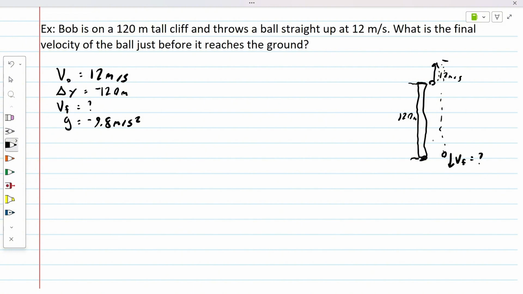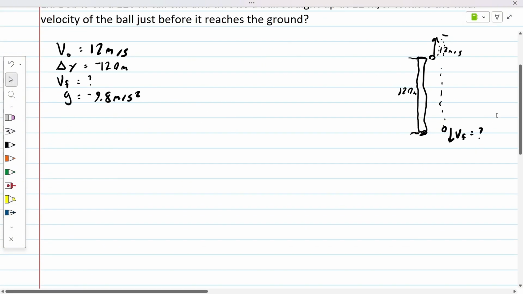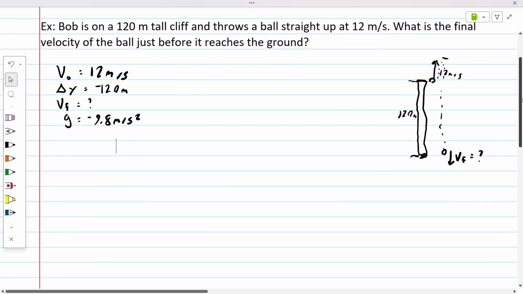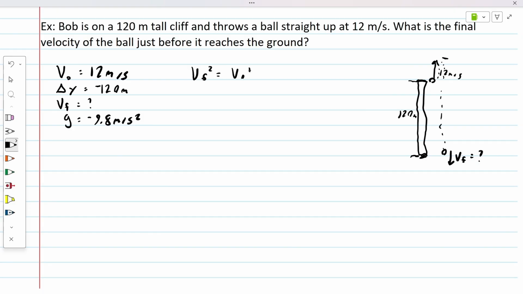We're looking for velocity final, but we don't have time. We're going to use that same equation we used in the last problem: v final squared equals v initial squared plus, and this time because it's in the y, 2g delta y, because this is the change in y and this is acceleration.